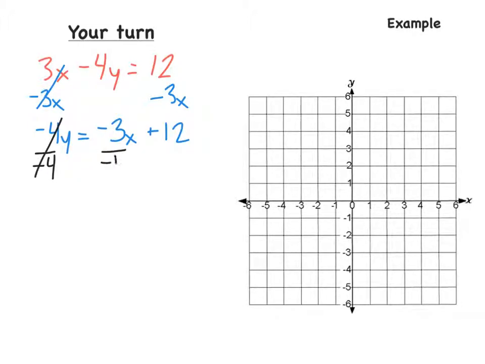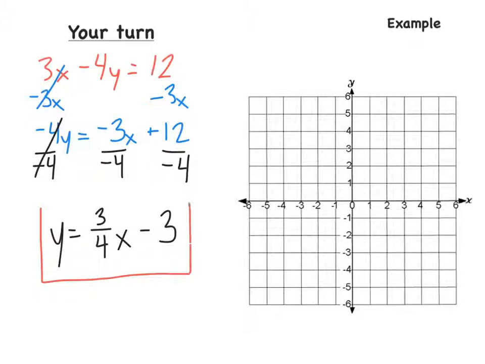So in this case, a negative divided by a negative is a positive, so we'll just write y is equal to 3/4 x. And a positive 12 divided by a negative 4 is a negative, so think of this as a negative 3. So now we have our equation. Y is equal to 3/4 x minus 3.